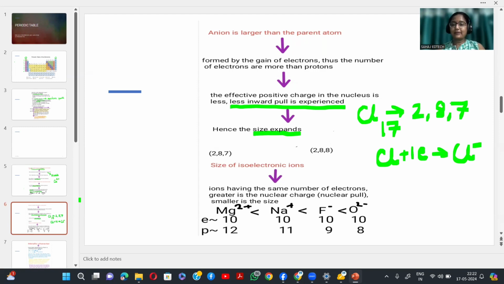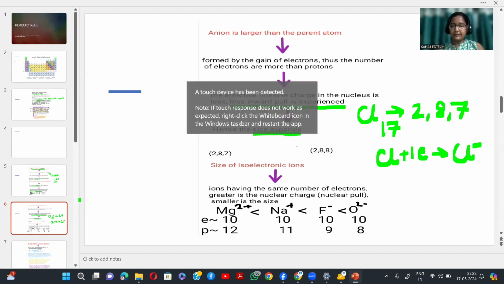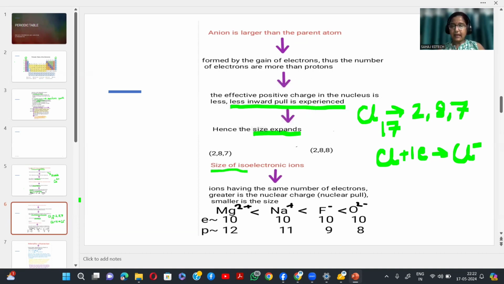Then you see the size of isoelectronic ions. From the name itself, it is clear: iso means same. So the ions which have the same number of electrons, like you can see magnesium, sodium, fluoride, oxygen, the number of electrons in them is 10.